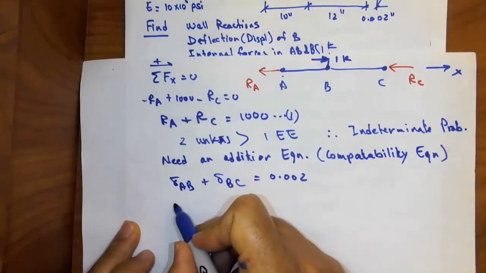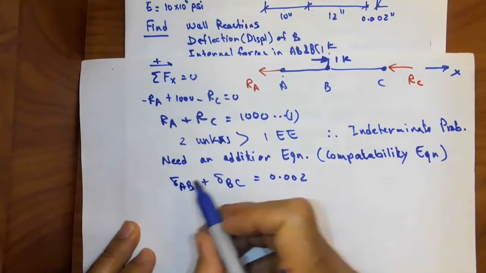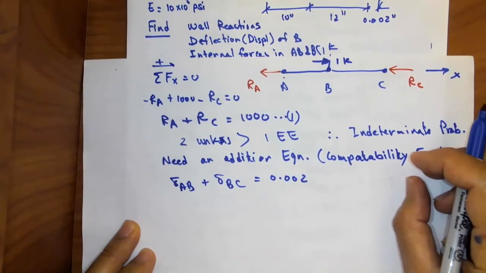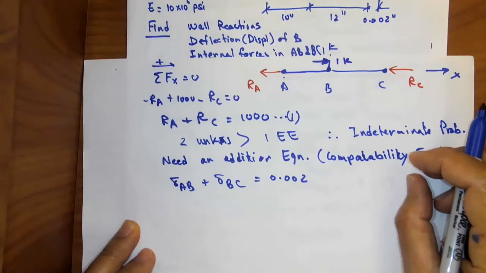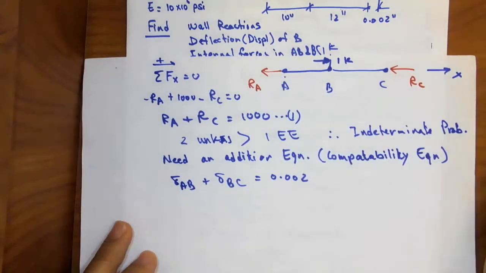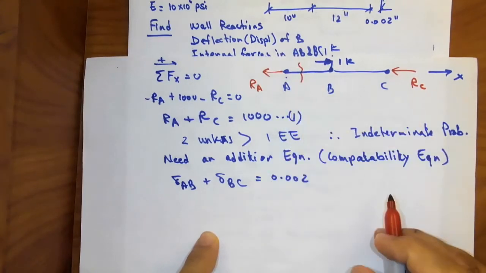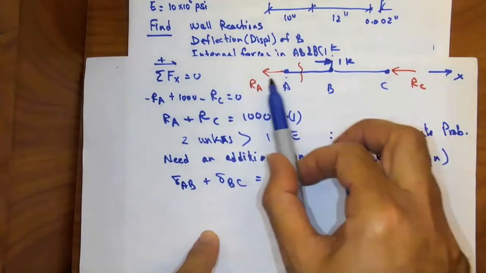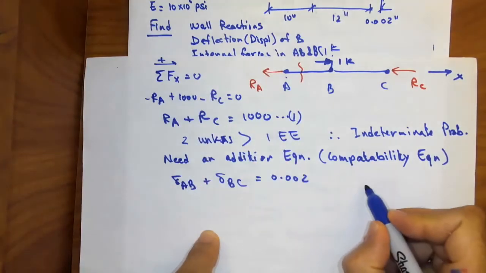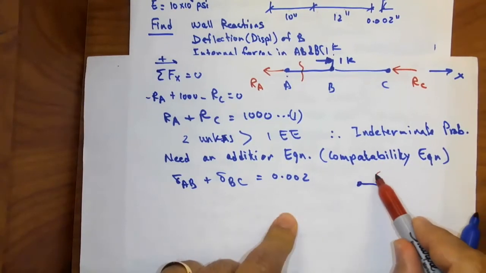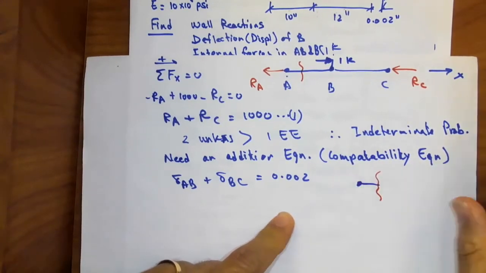All right, what is delta AB? Can we measure the deformation in AB? We can if we know the internal force in AB. What is the internal force in AB? I'm going to have to cut through AB. So I'm going to have to cut here. And then when I cut, I can draw a free body diagram of the left piece. Where I'm cutting, I'm exposing the internal force.